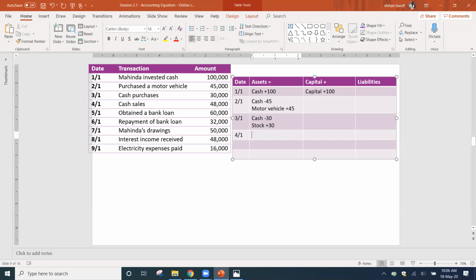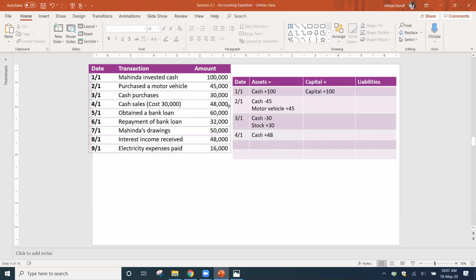Then 4th January, cash sales. We will get cash 48, and we assume that the cost of the goods is 30,000. That means 30,000 worth of stock we are selling at 48,000.